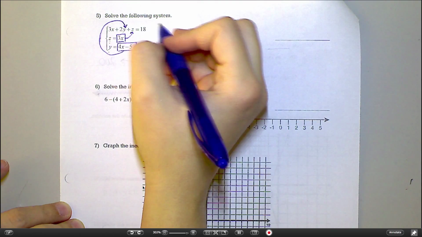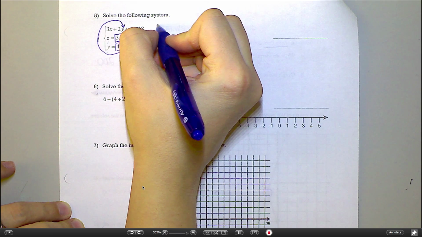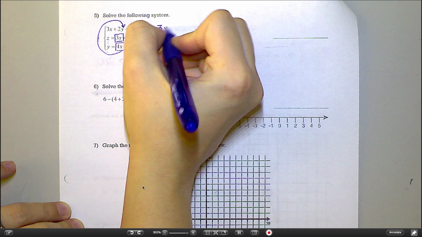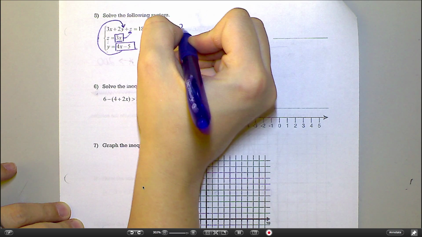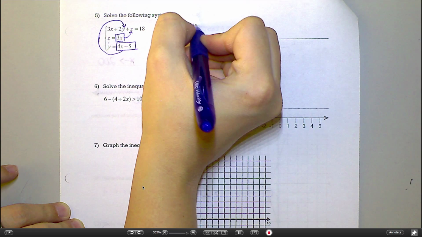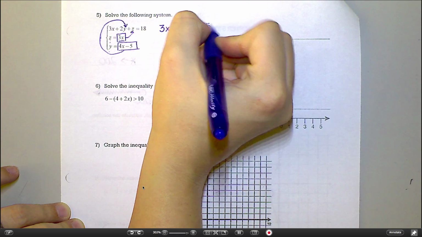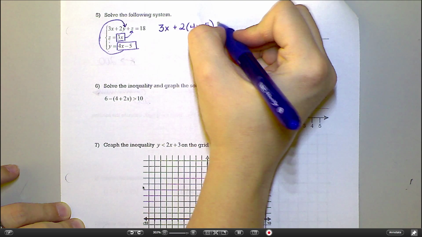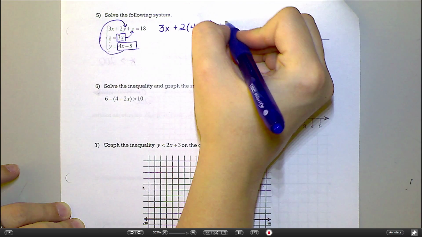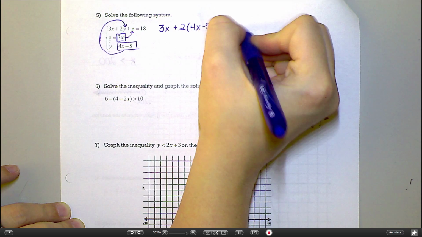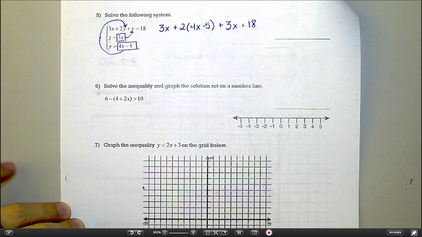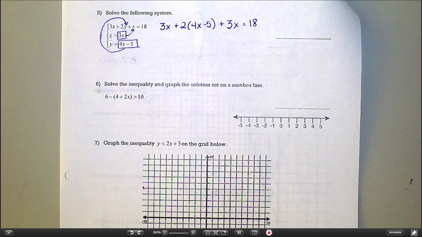So if I plug both of those things in, this equation will now look like this. 3x plus 2 times 4x minus 5, that's my y, plus z, which is equal to 3x, is equal to 18. Okay, so a long equation now, but it's all x's.